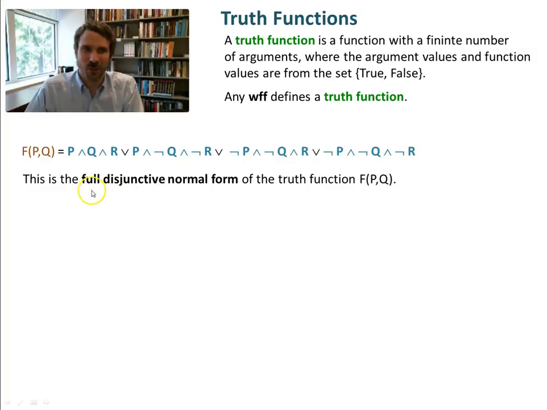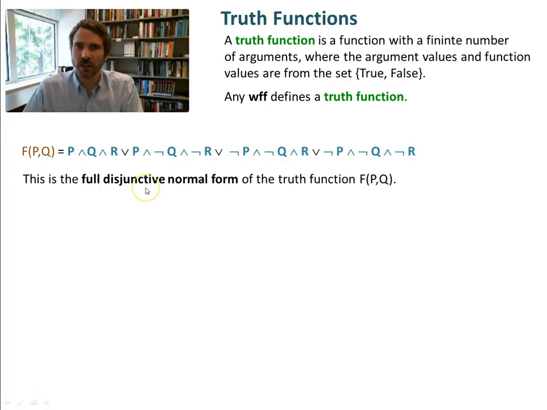We have a name for this form. It's called the full disjunctive normal form. My goodness. Often in mathematics, when we deal with some sort of object, be it an algebraic structure such as a group or a matrix or whatever it is, we have different forms that object can be put into. And pretty much every domain in mathematics has something called a normal form. So in our domain, this is what the normal form looks like.